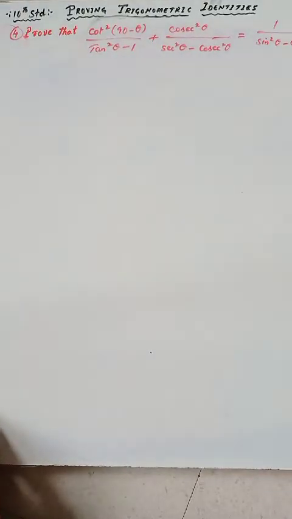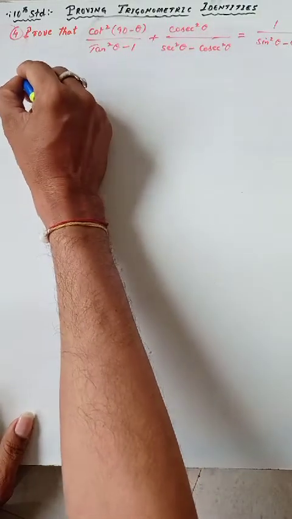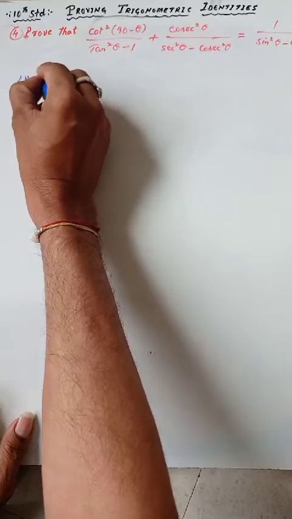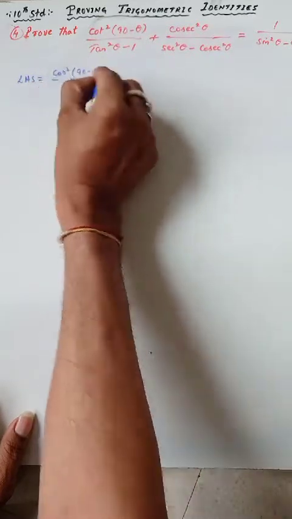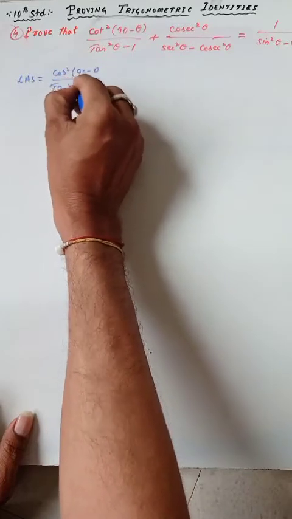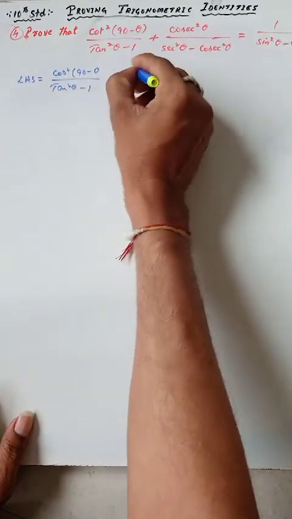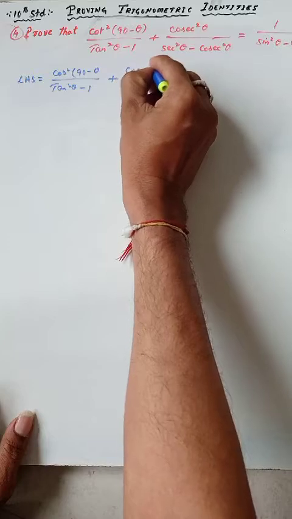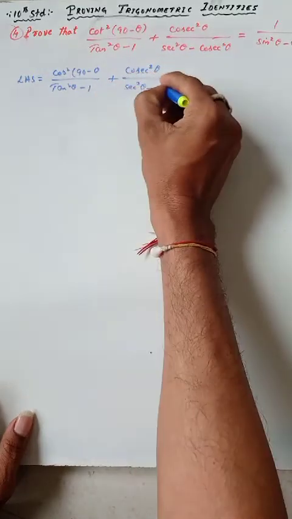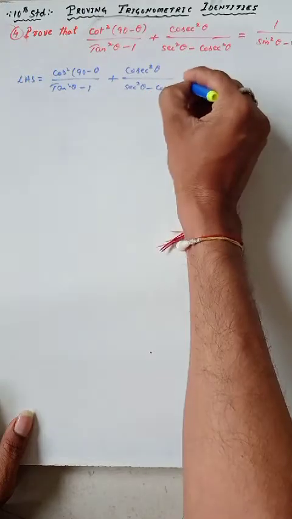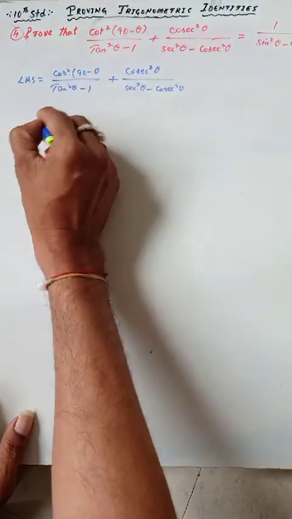Therefore, again let us consider the LHS here. LHS is the same as cot squared (90 minus theta) by tan squared theta minus 1, plus cosecant squared theta by secant squared theta minus cosecant squared theta.